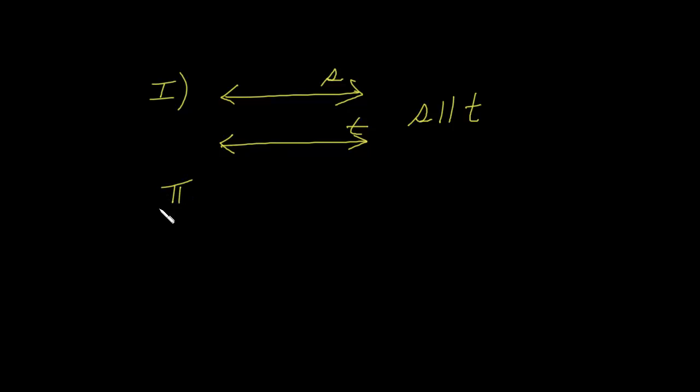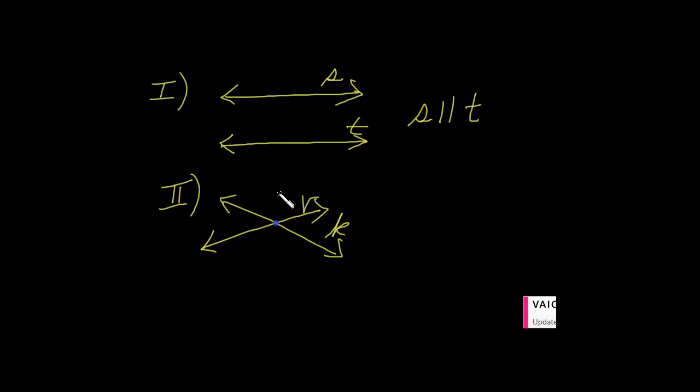The second one is this. If we have a line going this way, line R, and another line going this way, line K. Now here you notice that lines R and K do intersect. Again, we're going to make this a larger point. They do have a point of intersection. We make sure that we label our point with an uppercase letter.